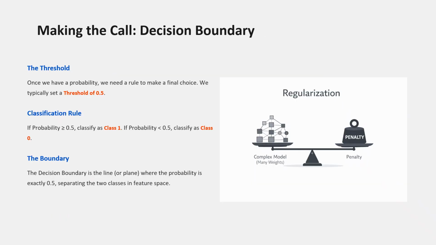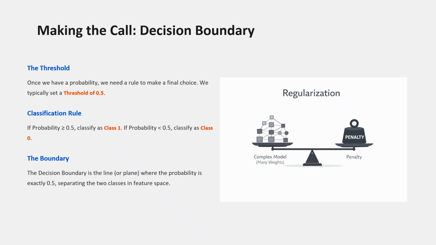We have got our probability from the sigmoid function. Now how do we actually make the decision? This is where the decision boundary comes in. We set a threshold, usually 0.5, and this 0.5 threshold turns that probability into a clear classification.